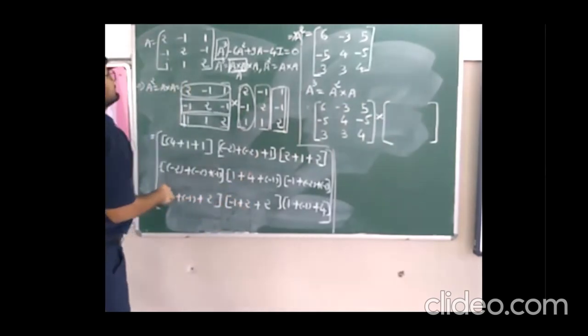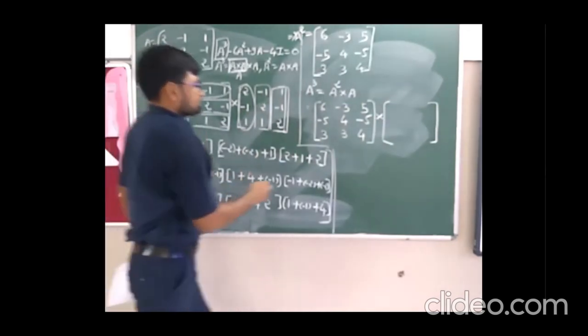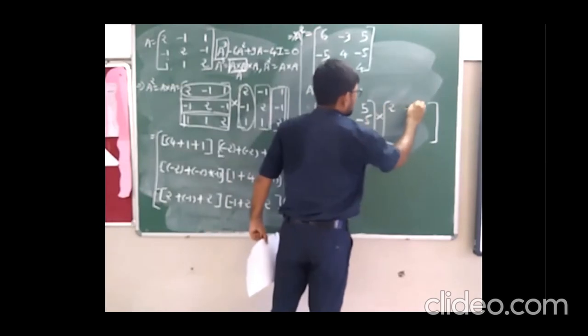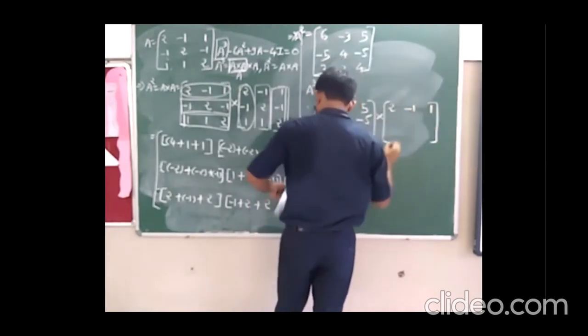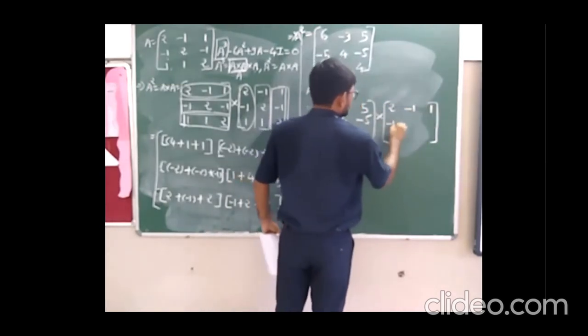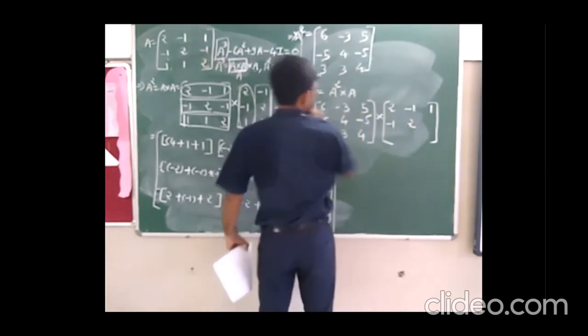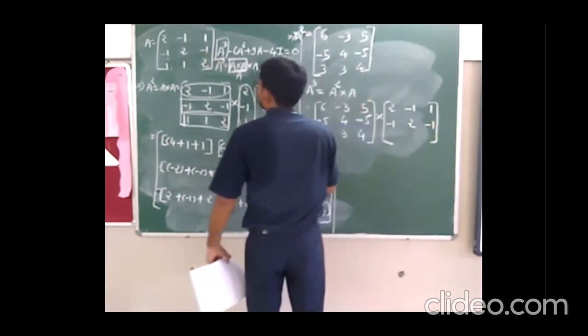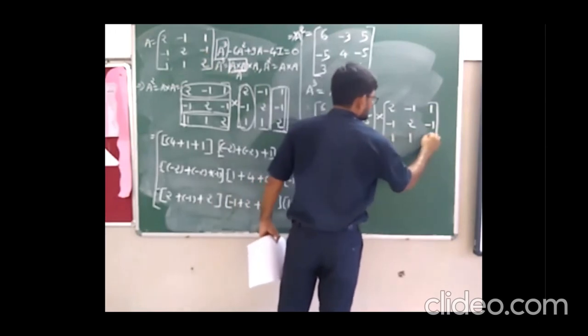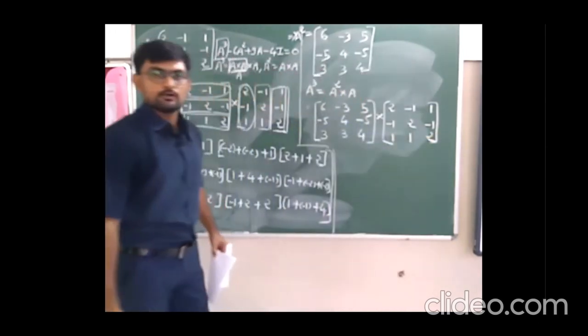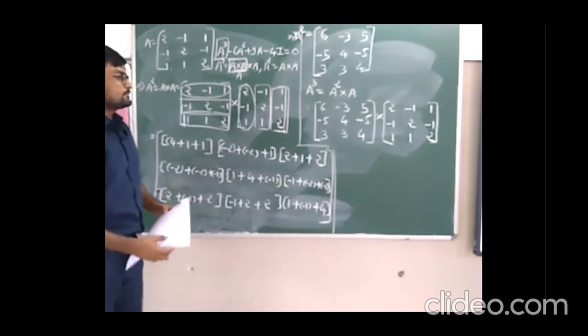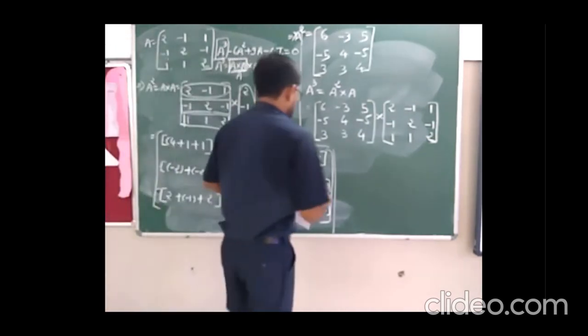So what is a here? Yes, this is 2 minus 1 1, minus 1 2 minus 1 and 1 1 2. Okay. Again we'll multiply this matrix.